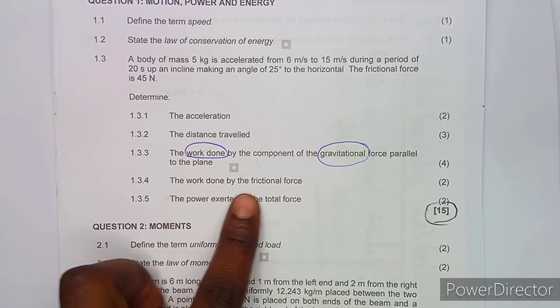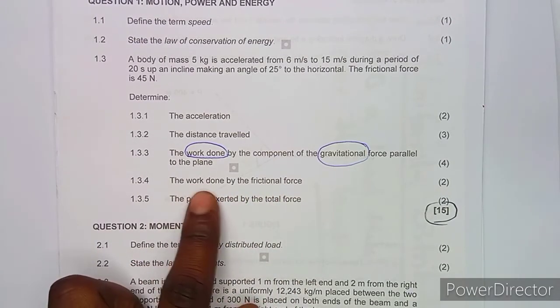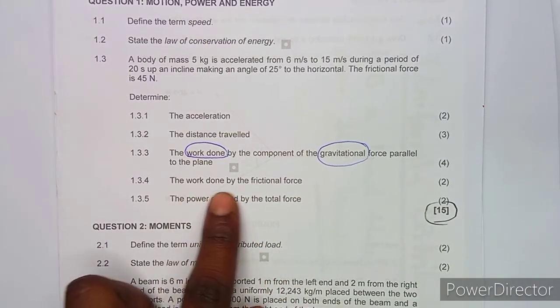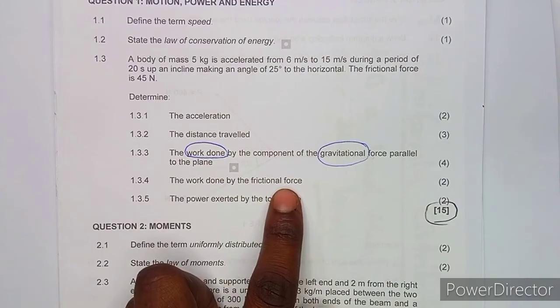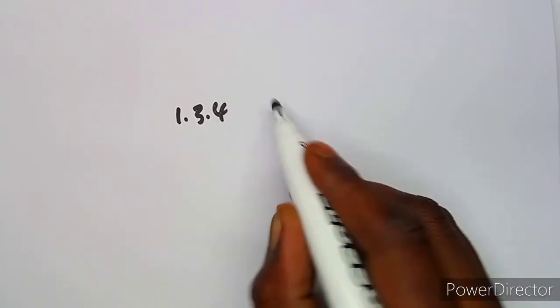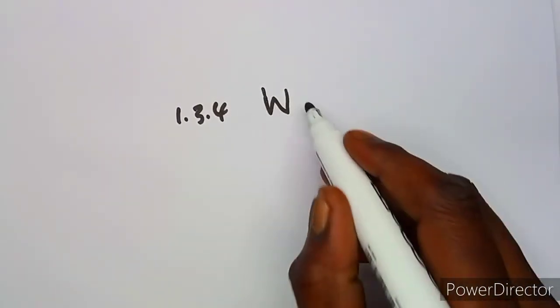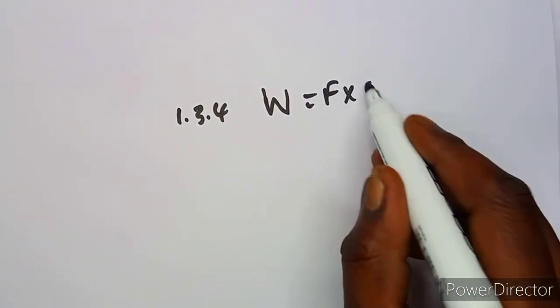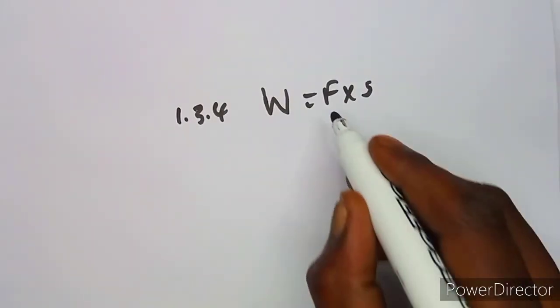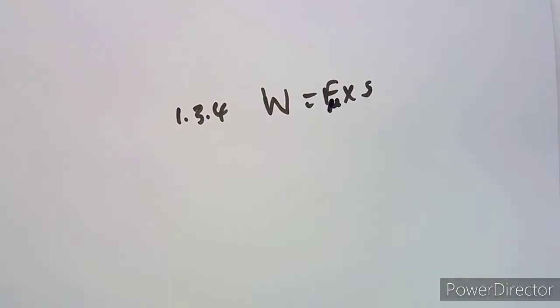Take note, for 1.34, we want the work done by the frictional force. Just like what we did, we said work done is always force times the distance, but this time it's by frictional force. So you're supposed to use frictional force.